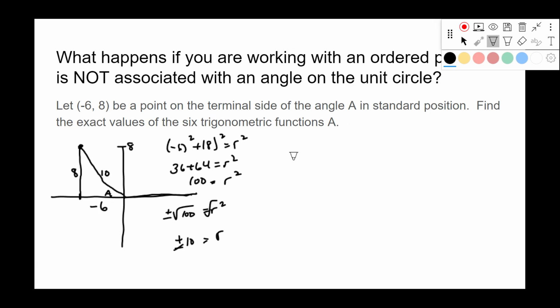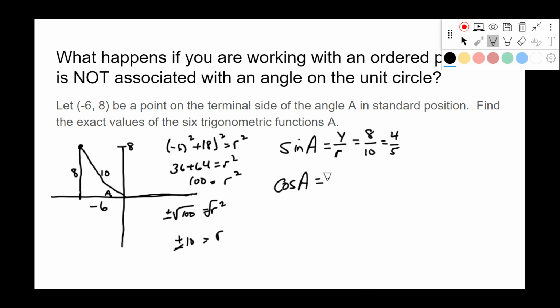I know the sine of A is the y coordinate over the radius. In the last video, the radius was 1 because we worked on the unit circle, but now the radius isn't 1, it's 10. So the y coordinate over the radius is 8 over 10, which I can reduce to 4 over 5. That's the sine of A.